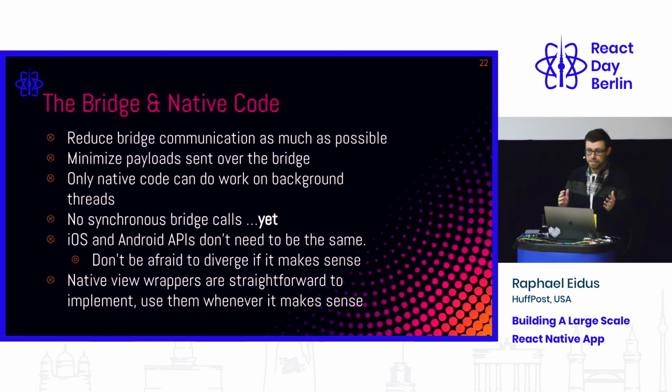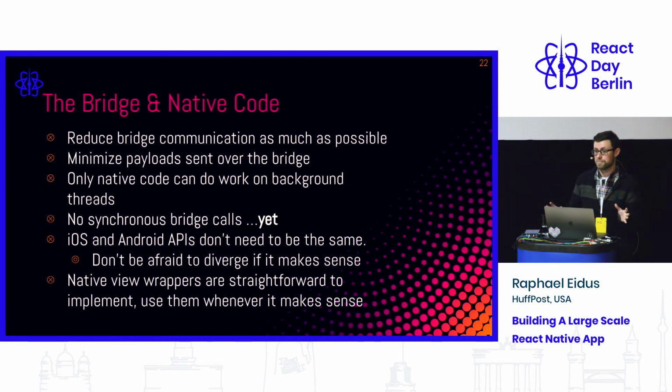So if you're doing anything with image manipulation, like if a user provides an image and you want to resize it down before uploading it to a server to save on bandwidth, if you do that in the JavaScript thread, it's going to lock your user interface while that's happening for no real reason. So if you can write a native module where it's doing that on a background thread, your interface is still usable. Sound processing, there are a lot of things.